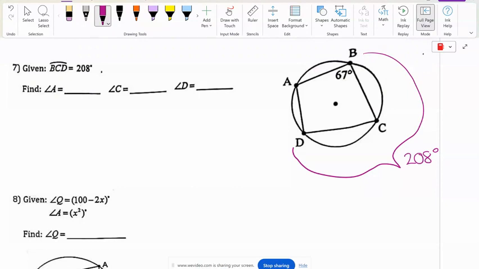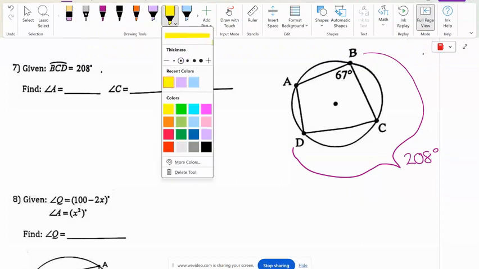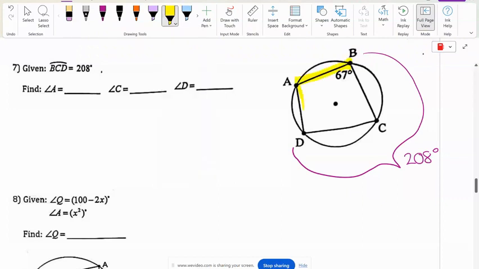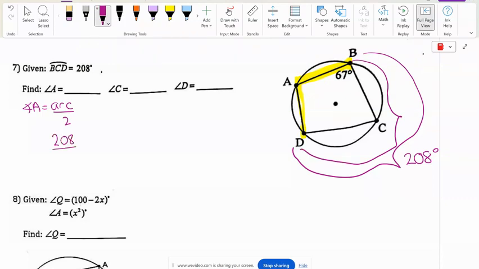We want to find angle A. So I'm going to trace angle A. Do we all agree angle A is an inscribed angle? So for angle A, our formula is going to be the arc divided by 2. The arc it intercepts is arc BCD. So we're going to say 208 divided by 2, which is 104.